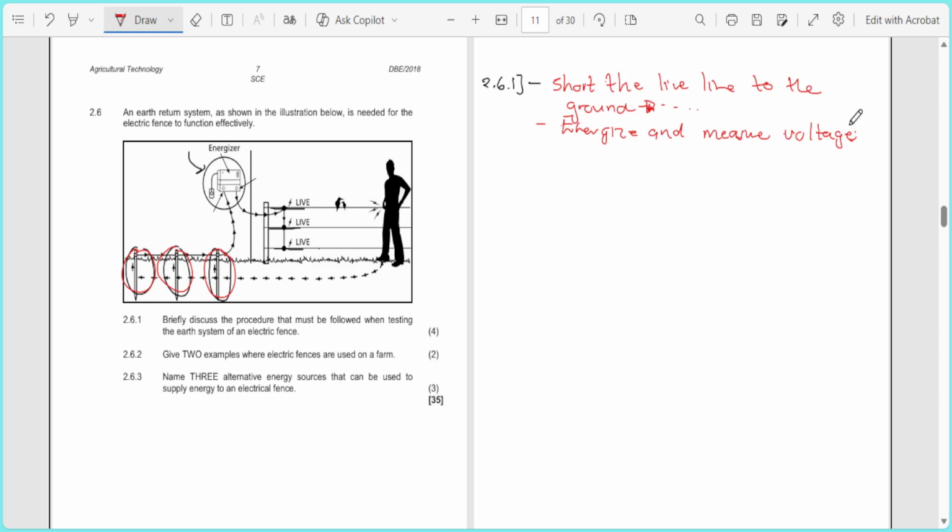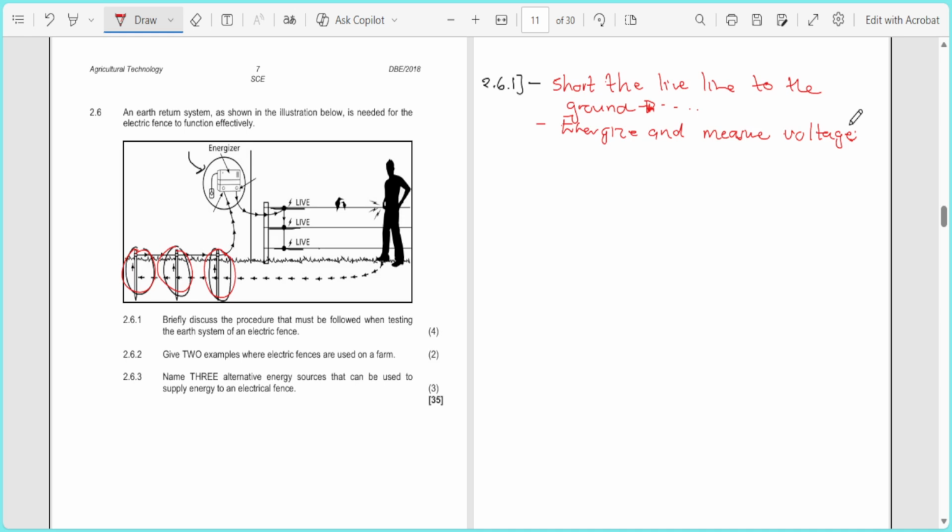A voltage reading that is greater than 200 volts would indicate high resistance, meaning that the ET system cannot safely dissipate charge, leading to poor fence performance and shock risks.